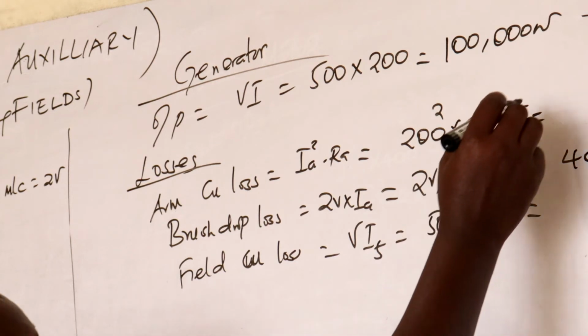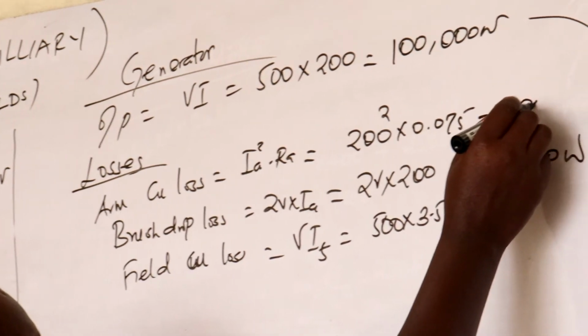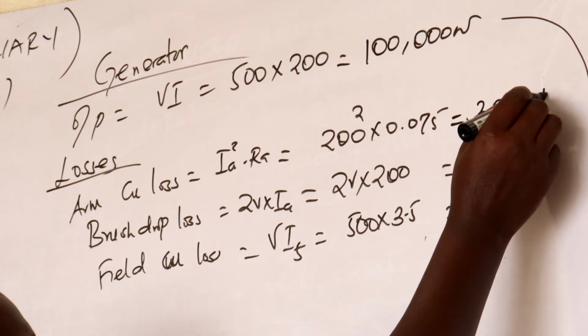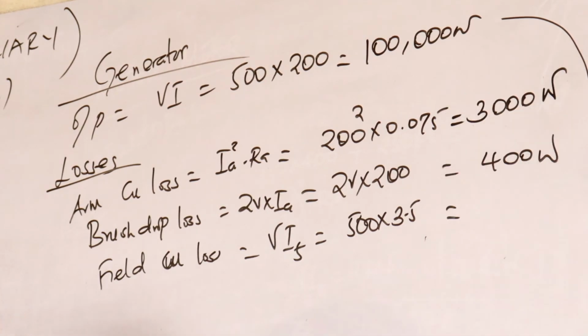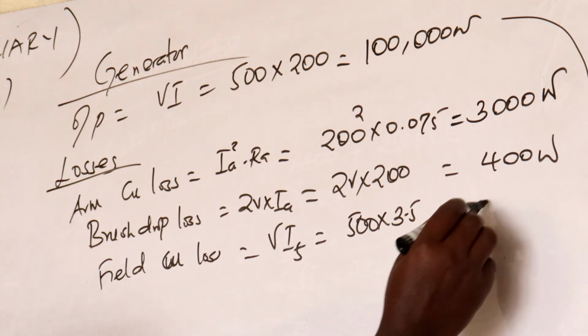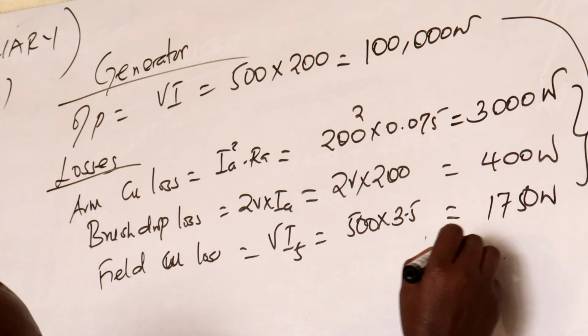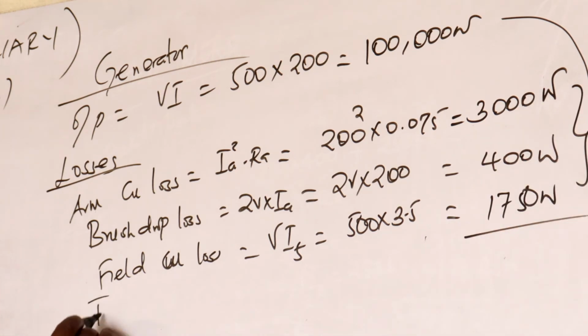Field copper loss is 1750. Total losses?